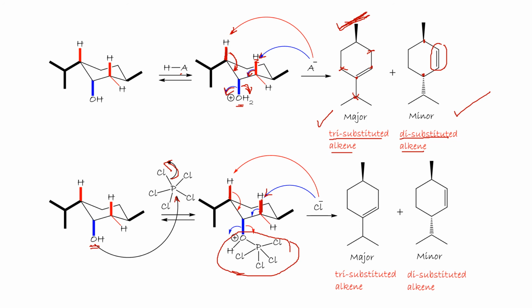So again, tri- and di-substituted, and this is the structure of the menthene expected, the tri-substituted alkene.